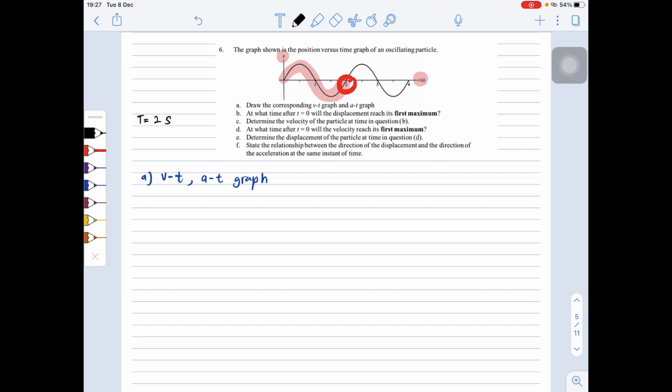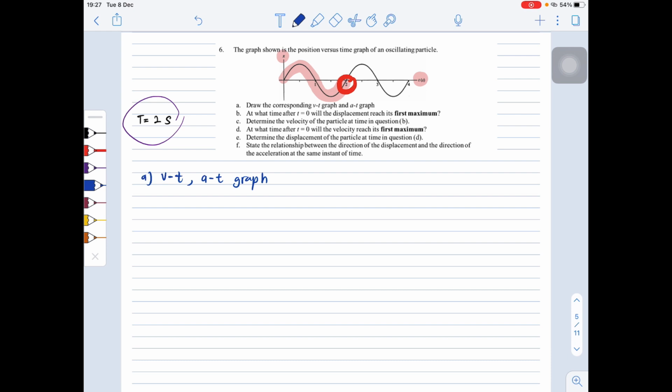So now what else can we get? It doesn't give the value of amplitude, so kita hanya ada satu information sahajalah, which is the value of period.